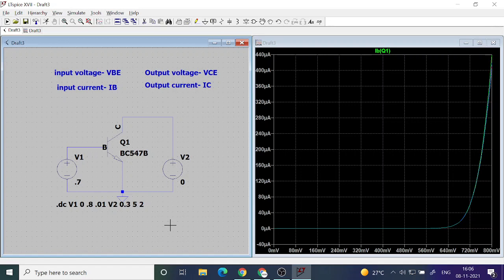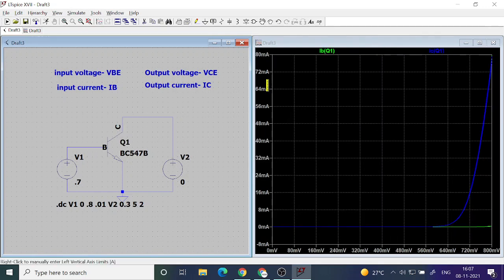Output current is more or less independent of output voltage, and the transfer characteristic shows output current is much dependent on the input voltage. That's what this curve is saying. This is input characteristics, but if you plot this one, you can see output current depends on input voltage, not on output voltage.